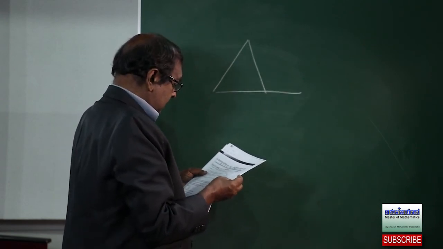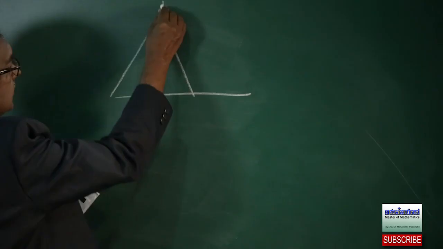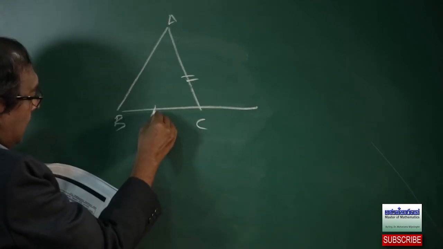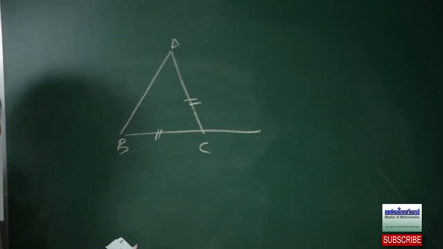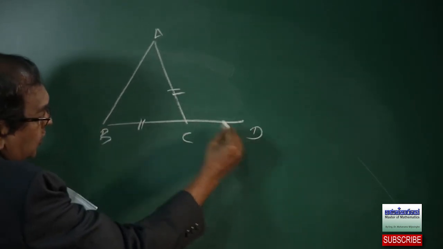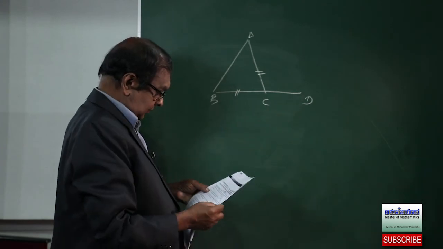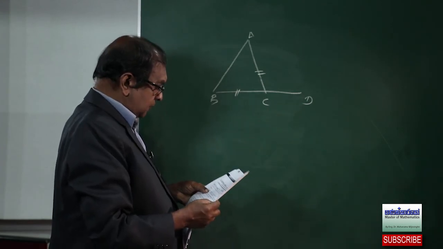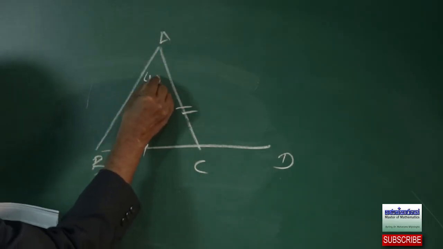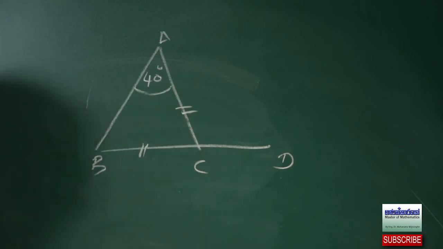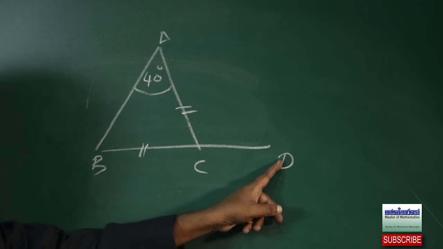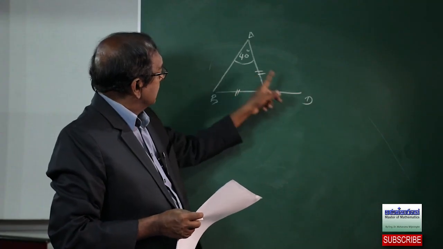In the triangle ABC, AC equals BC, and the side BC is produced to D. It has been extended. Angle BAC is 40 degrees. We have to find the value of angle ACD.